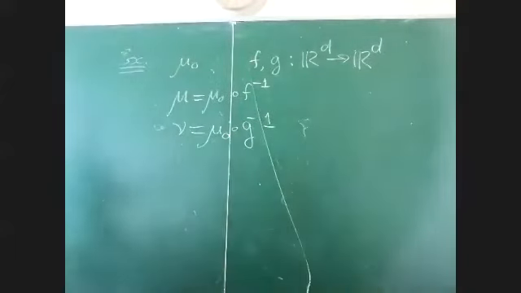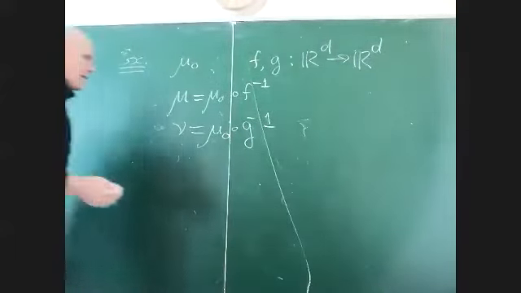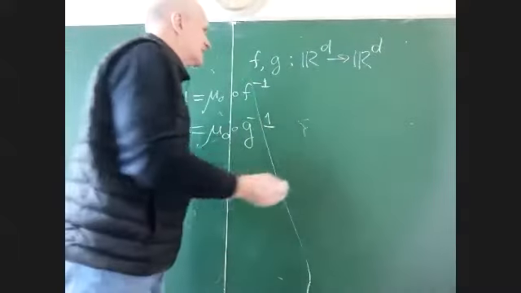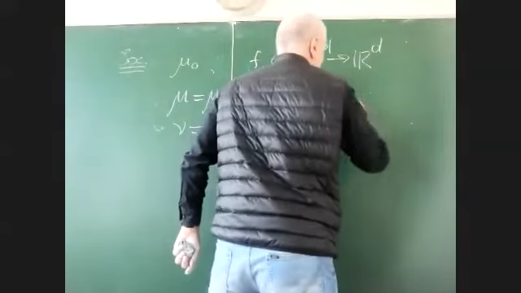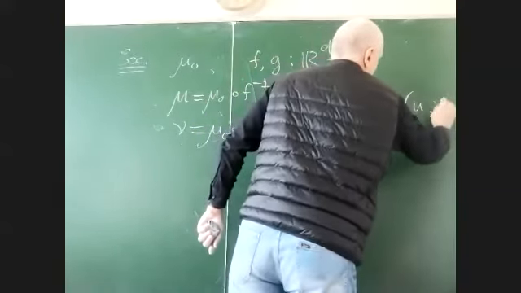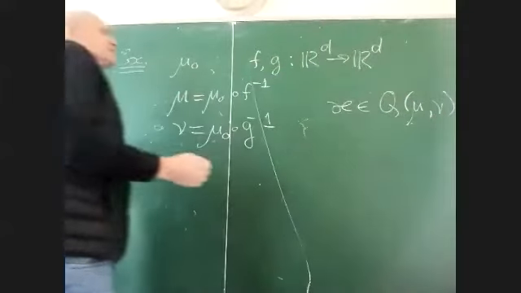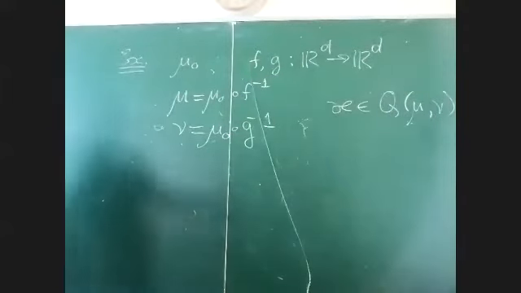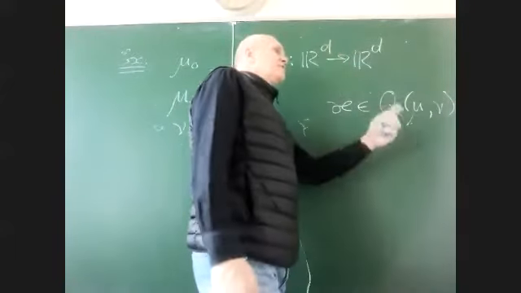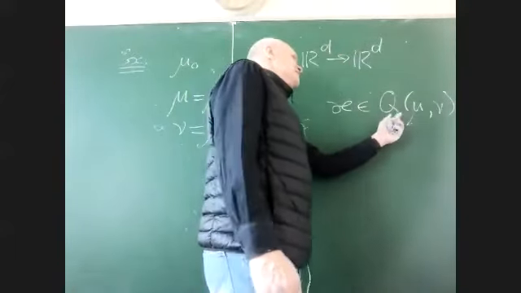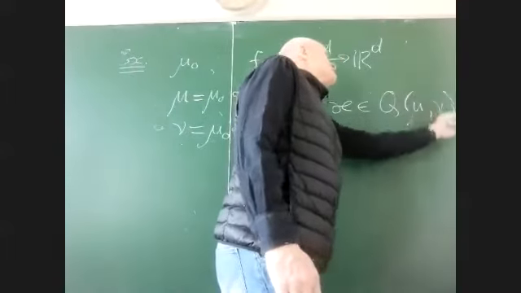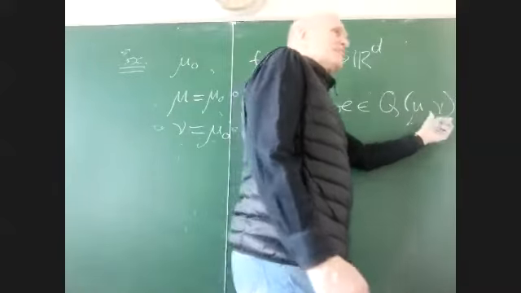Then one can very easily find a good representative kappa from this set of measures which has mu and nu as its marginals. In probability theory, in the field of random processes, this is a coupling of the measures mu and nu.